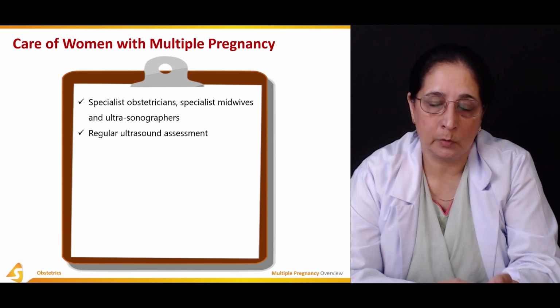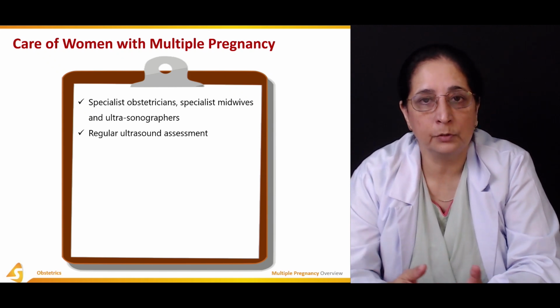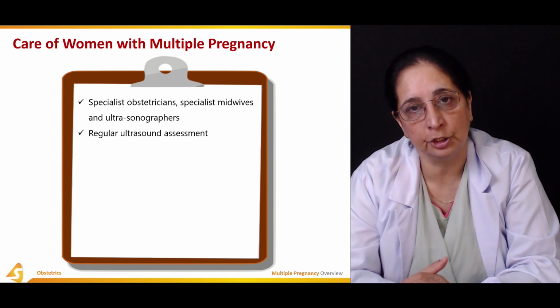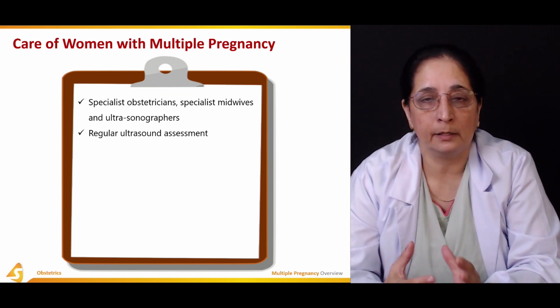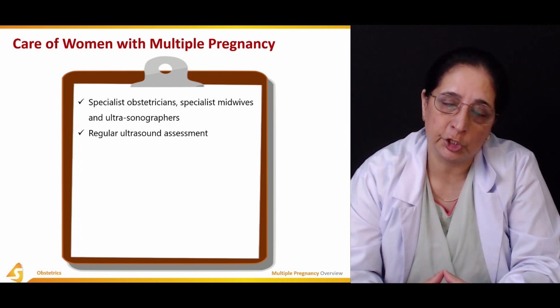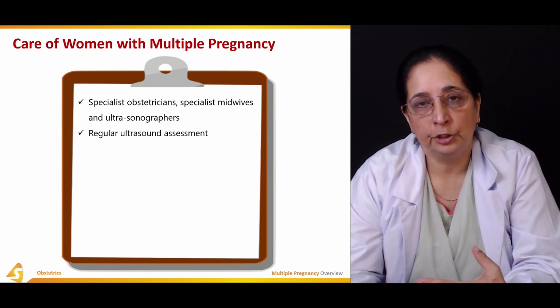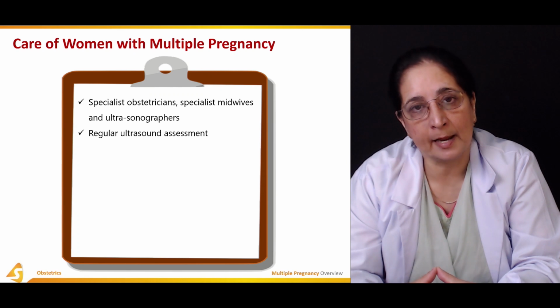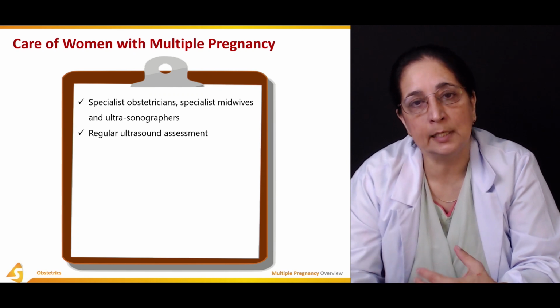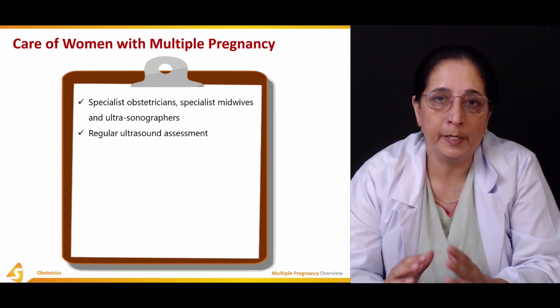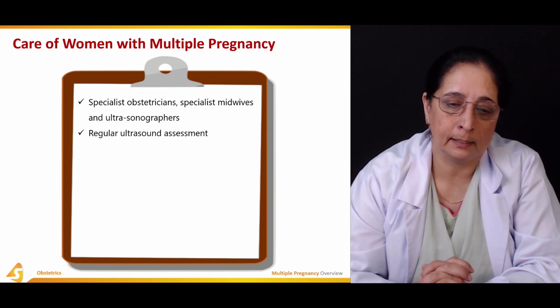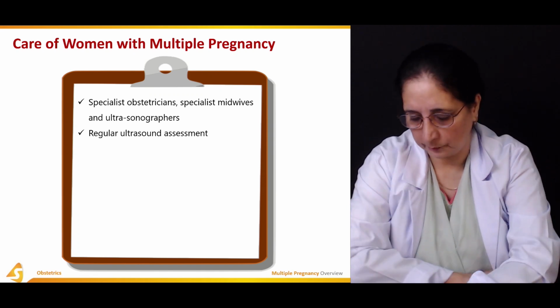Regular ultrasound assessment is important to rule out any complications or fetal growth retardation, and if one fetus is affected and leads to stillbirth, it should be assessed regularly with ultrasounds.